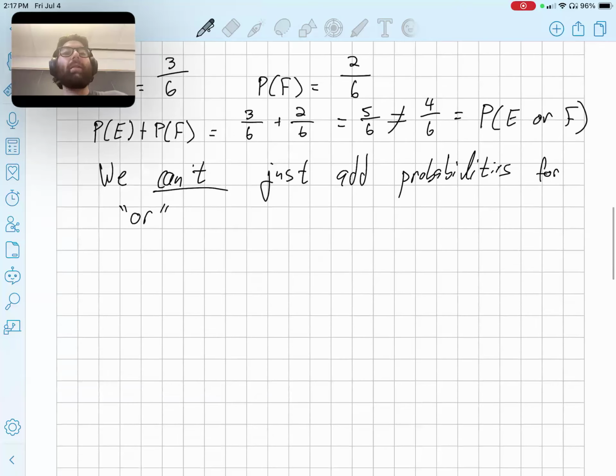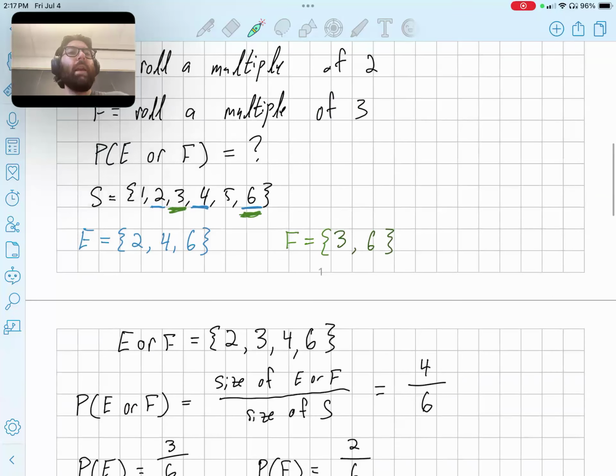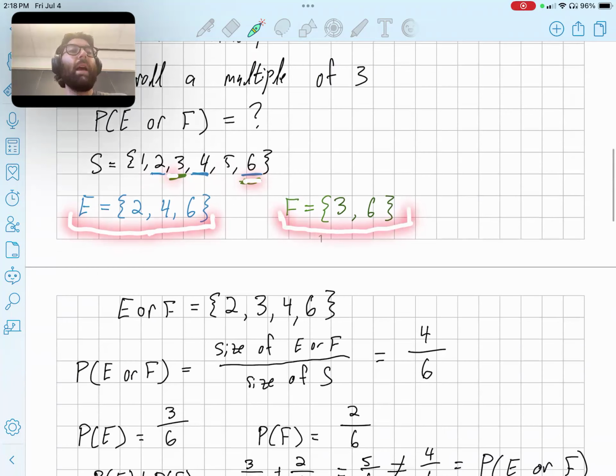So why? What's going wrong? Well, notice, if you look at these color codings, we counted 2 once, 4 once, and 6 once when we were looking at what to include for E. We counted 3 once and 6 once when we were looking at what to include for F. So every single one of 2, 3, 4, we counted once.